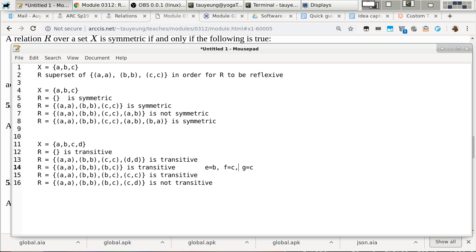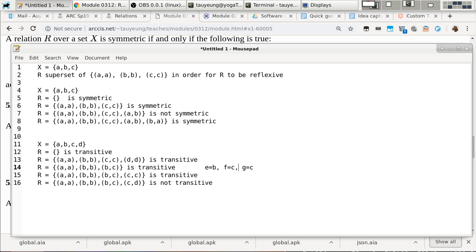So in this case, the left-hand side of the implication is already false, because BC is in R, but CC is not in R. So I don't even care whether BC is also in R, which turns out that it is. But CC is not. Okay. Yep. So are we kind of okay so far?